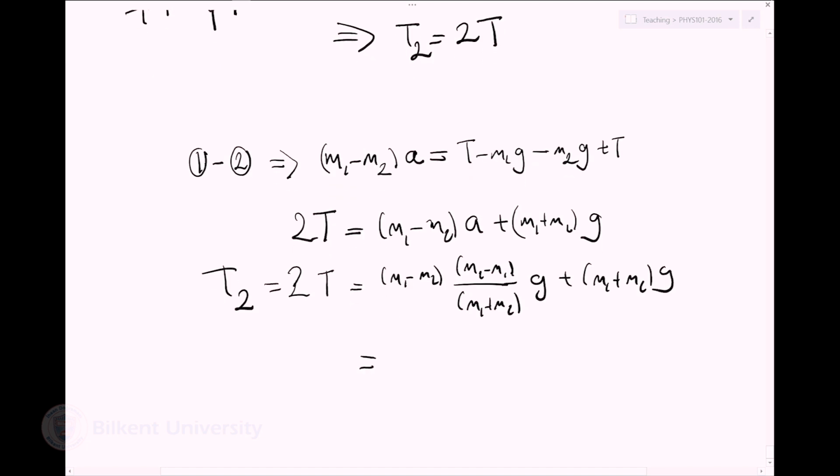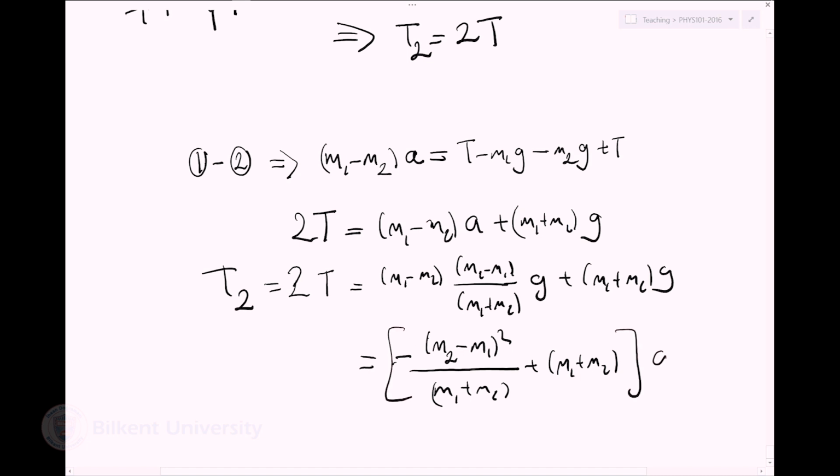So what does that give me? Let's see. I have m1 minus m2, so it's going to be minus (m2 minus m1) squared divided by (m1 plus m2), plus (m1 plus m2), times g.